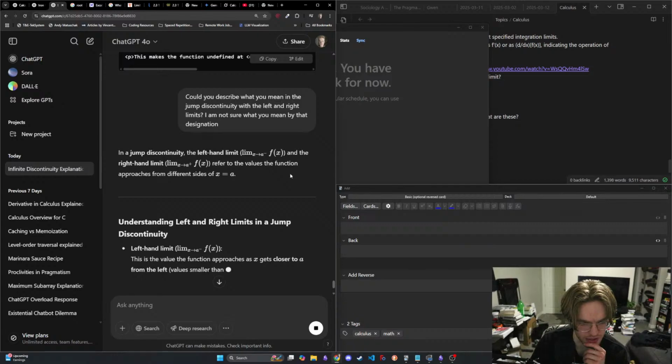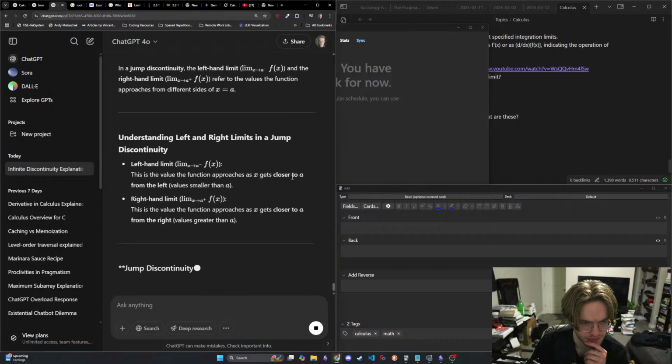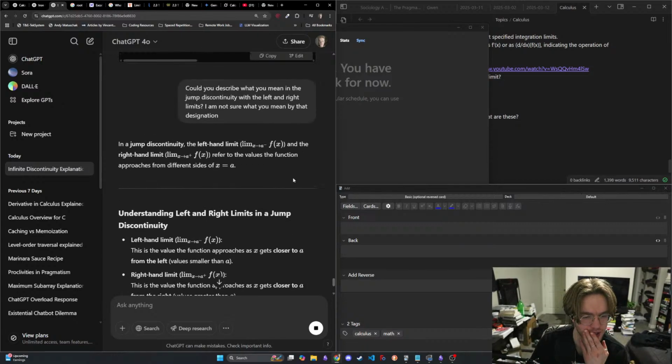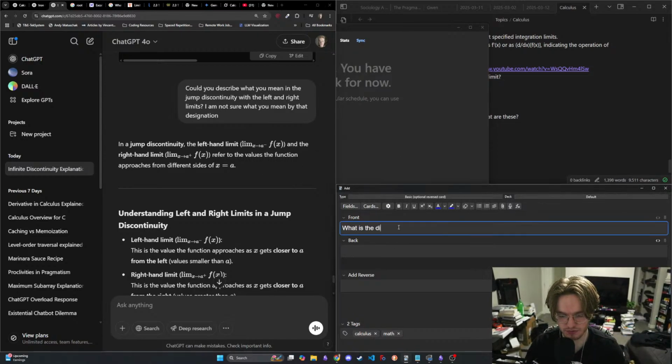Oh, okay. Right-hand limit and left. What are the concepts of right-hand?